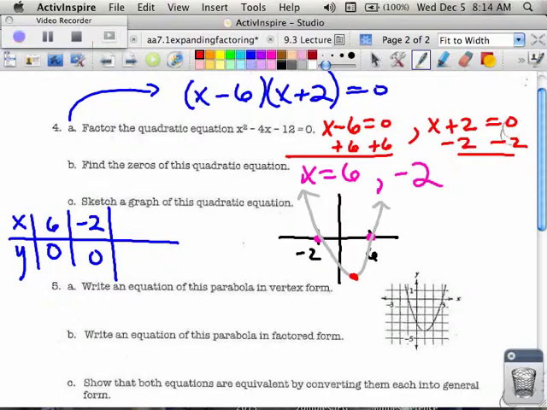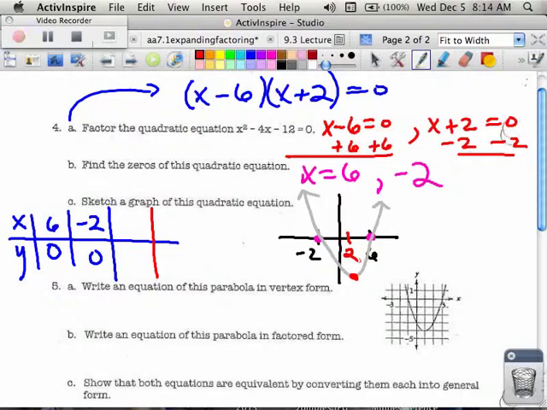One of the easiest ways to do this from the graph is to figure out the x value that is exactly halfway in between negative 2 and positive 6. And that's going to be at the location positive 2. Because between negative 2 and positive 2 is 4 units, and between positive 2 and positive 6 is 4 units.